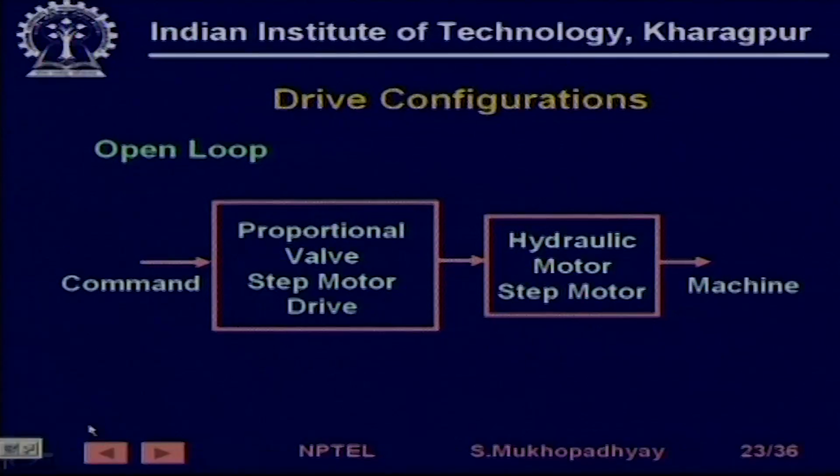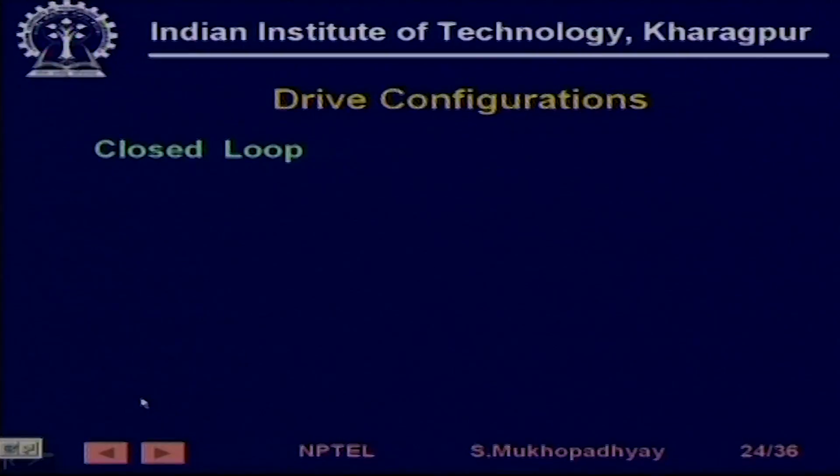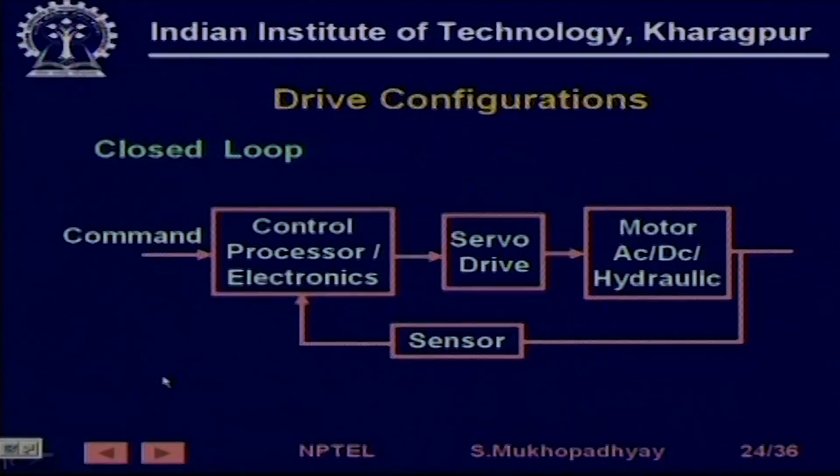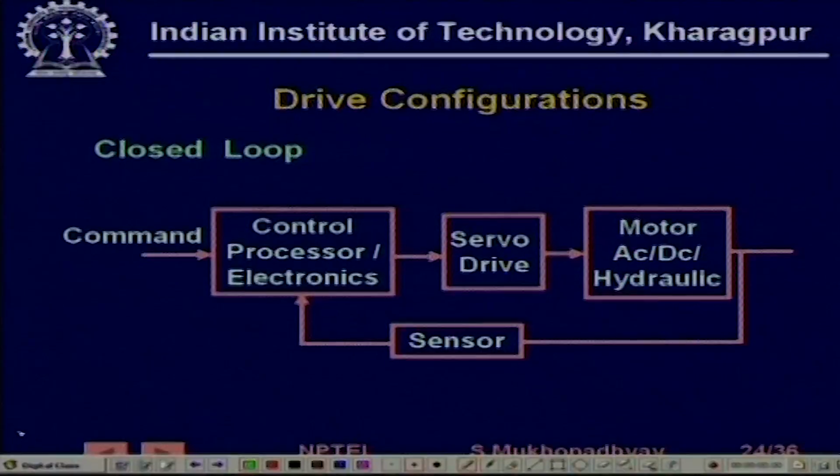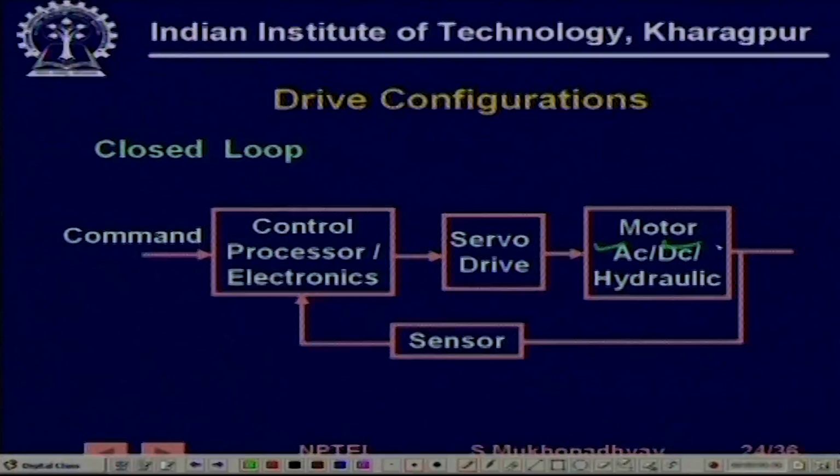But the best and the most accurate drives are naturally closed loop drives. So, you have the usual motor, which can be AC or DC, or sometimes what we know as a brushless DC, which is actually an AC motor but behaves like a DC motor. So, it has the advantages of both worlds, or it can be a hydraulic motor also.